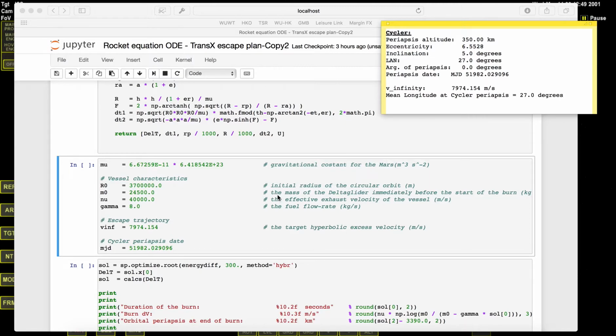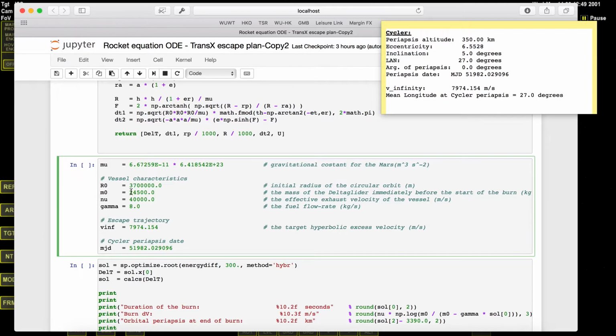What I want to do is adjust that starting orbital radius so that when I finish my burn and match the v infinity speed of the Hermes as it goes by, the periapsis altitude of my final hyperbolic orbit will be exactly 350 kilometers. I can set up Python to do this automatically, but it's just as easy to do it manually. I'm going to guess at an initial radius of 3,700 kilometers and see how that goes.